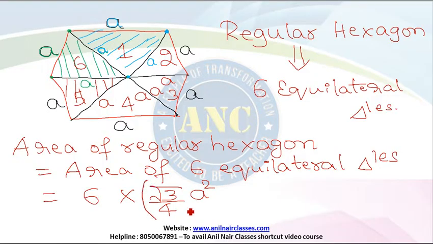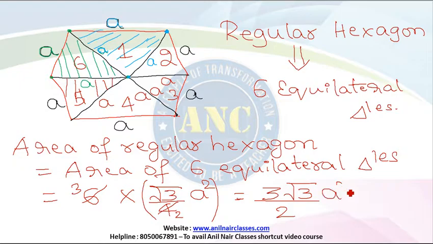For 6 equilateral triangles, it is 6 into root 3 by 4 into a square. This is 2 into 3, this is 2 into 2. Therefore, the final conclusion is that the area of a regular hexagon is 3 root 3 by 2 into a square, where a is the side of the regular hexagon.